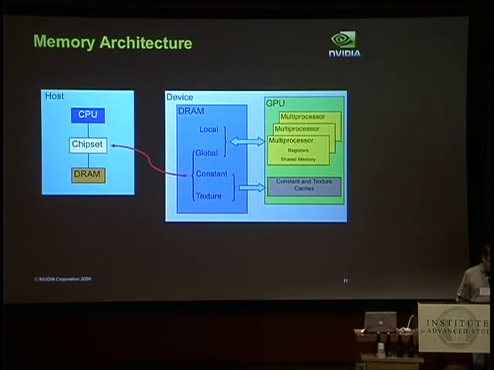Here's what it looks like to you; this is a good picture to have in your mind. Here's your host computer sitting over here. This is what you normally program for, the CPU, and you have your RAM sitting nearby in the computer. The chipset, which is what we always call the video controller, or the GPU, has on it its own DRAM, which is effectively broken into local, global, constant, and texture.